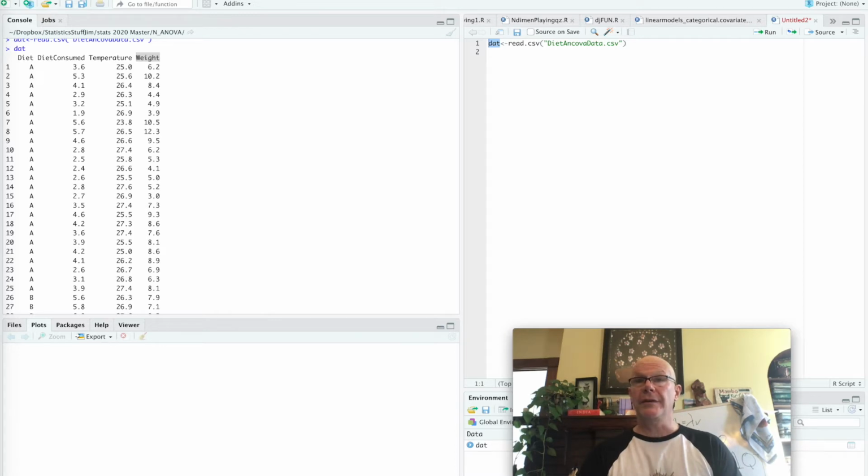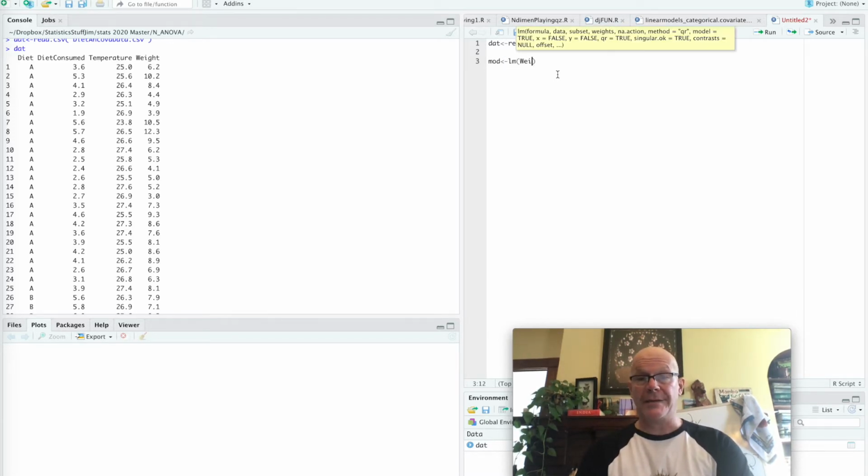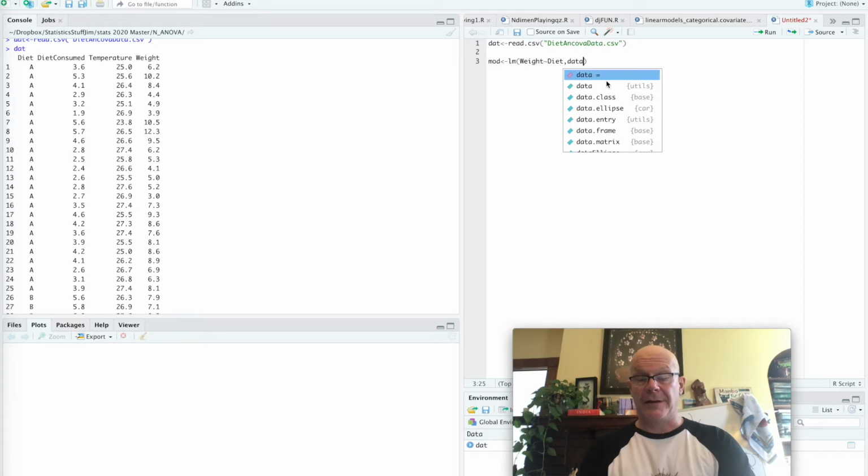We could start with a very simple model, like the models we've already played with when we introduced ANOVA, meaning when we introduced the concept of categorical predictors. We could set up a simple linear model where weight is some function of diet, and I'll tell it that the data I'm using for this is DAT, so it knows where to look for weight and diet.